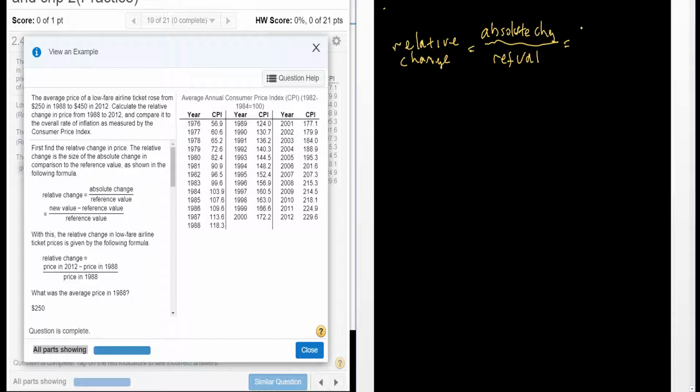So we can look at it as being the new value minus the old value divided by the old value.